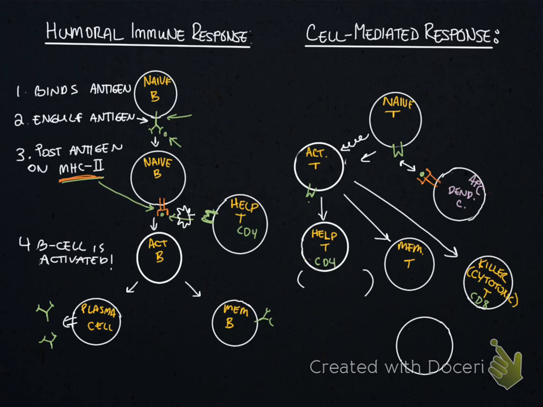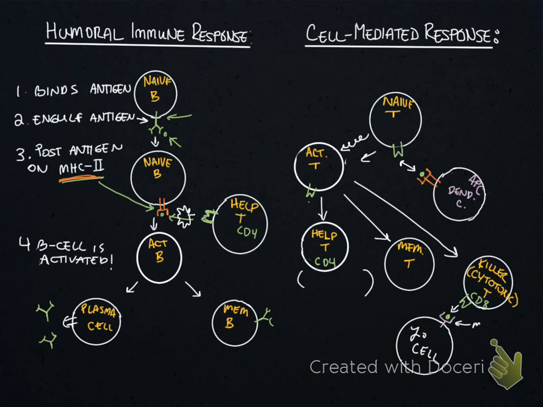Well, let's say we have just a regular old cell here. It's a nucleated cell, so it has an MHC1 on it, and that MHC1 is posting this antigen it found. The T cell receptor on this killer cytotoxic T cell is specific for that antigen and recognizes it on an MHC1 molecule.